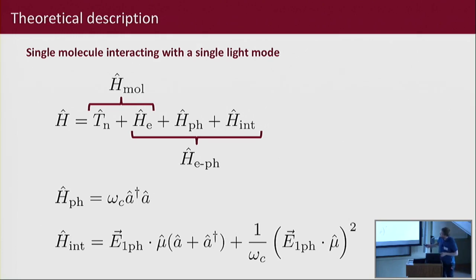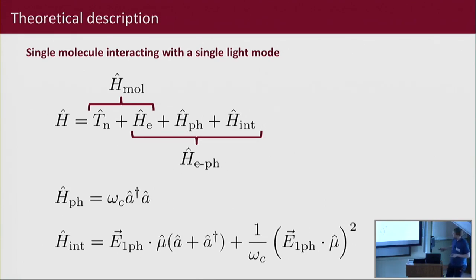In that sense, this is the standard molecular Hamiltonian that we always have. The light mode is just its energy, and then I have the coupling, where I have the dipole-dipole interaction. Interestingly, in this quantized limit, if I have really very strong interactions, I sometimes also have to take into account the so-called dipole self-interaction, which has the electric field of the cavity mode, but actually no cavity operator.